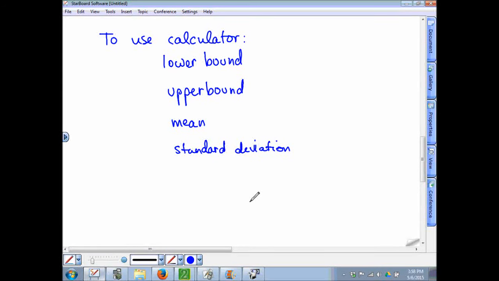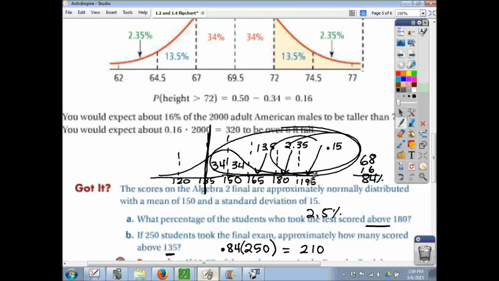So the last example, for example, the percentage of students that scored above 135. Well, if they're scoring above 135, the lower bound would have been 135. The upper bound, you really just have to put some big giant number in there, because let me go back. 3 standard deviations was 195.